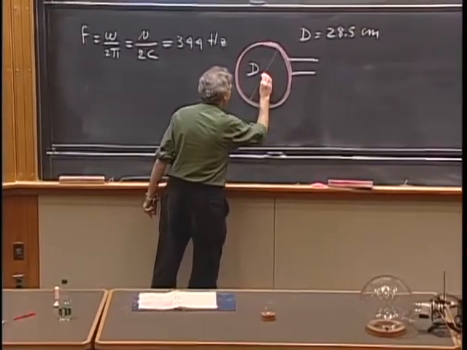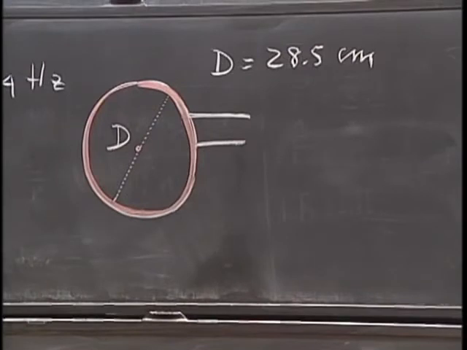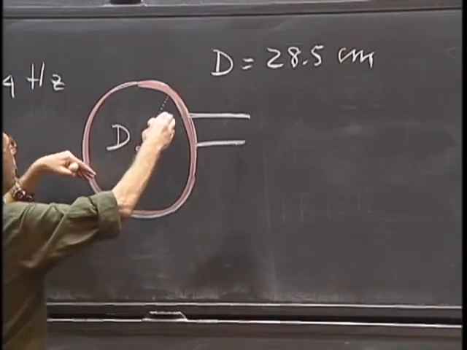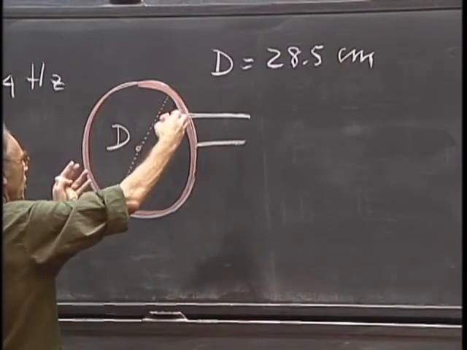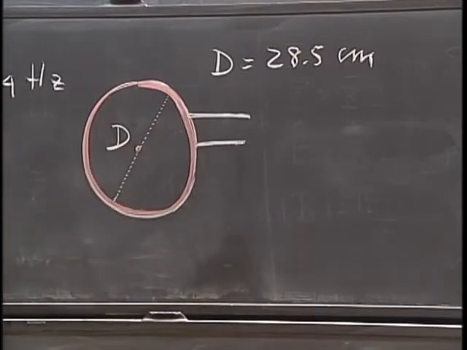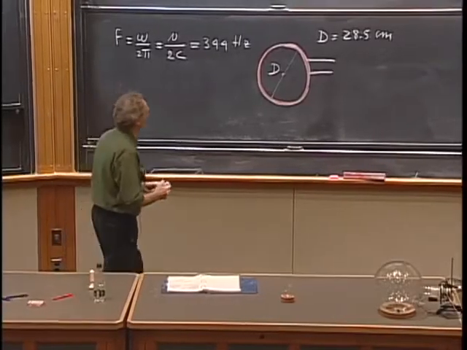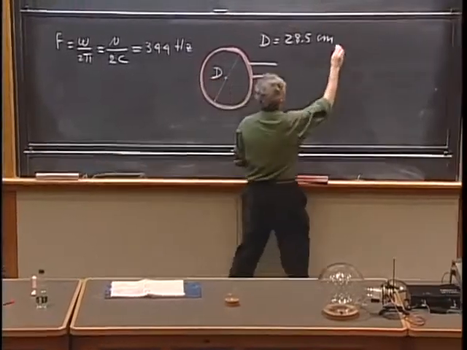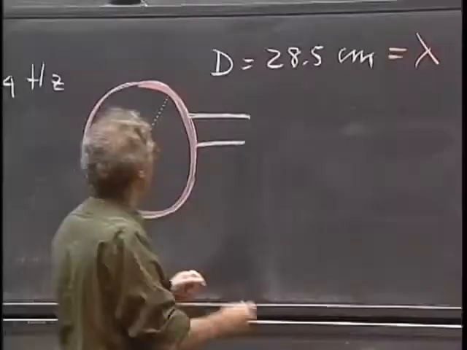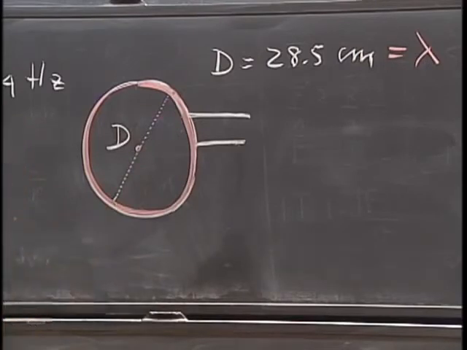But this center must then also be an antinode. Because if the air flows away and pushes onto the wall and then sucks onto the wall, it must always come back there. So the center itself must also become a pressure antinode. Knowing that, I said to Marcos, well, that means that lambda must be 28.5 centimeters because from antinode to antinode is one whole wavelength.